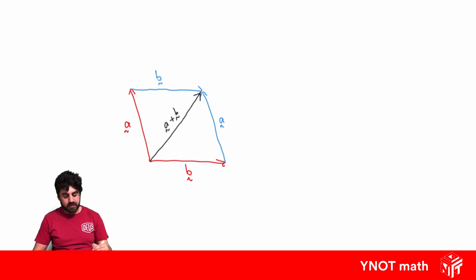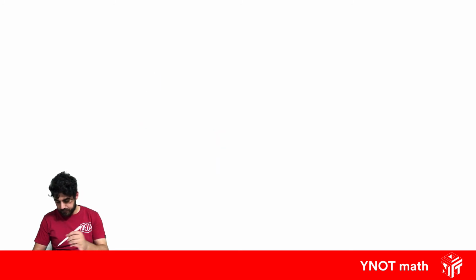So if you have two vectors where they're both coming from the same tail, the vector that would form the parallelogram would be the addition of those two vectors. What if we had the vector A and a vector minus B?